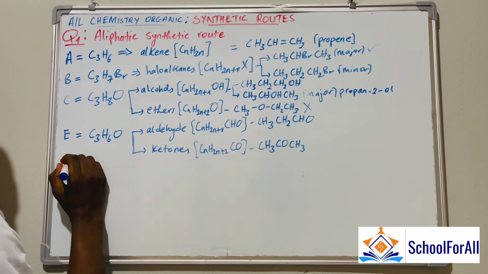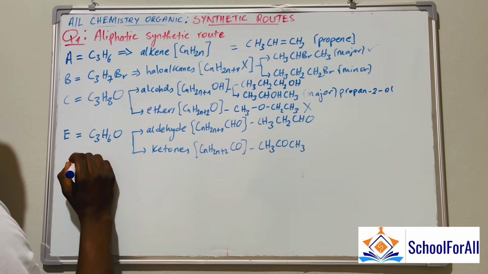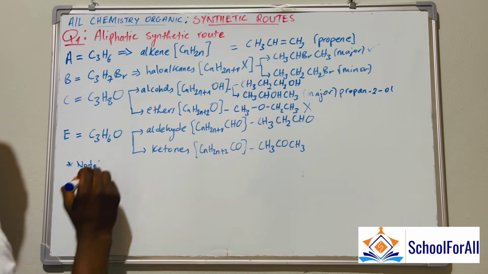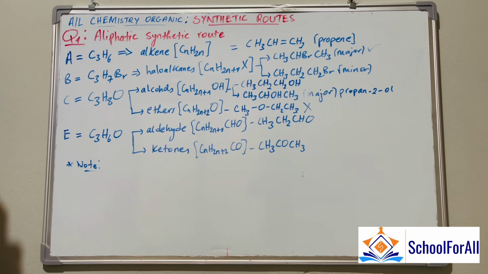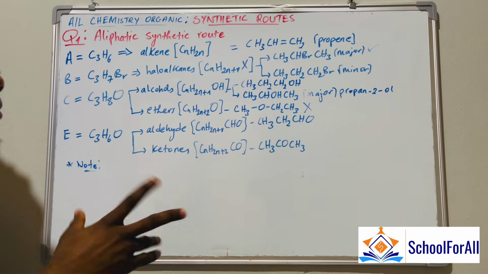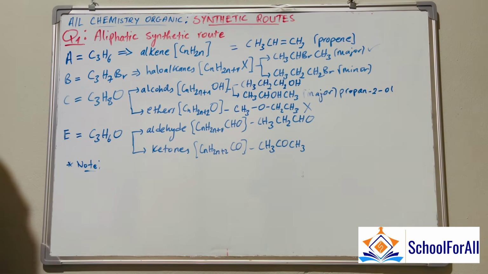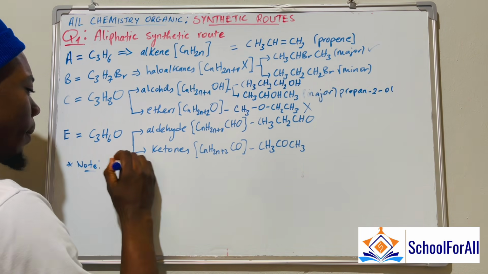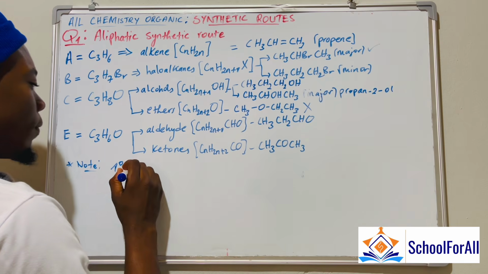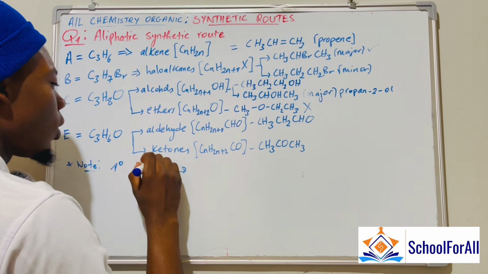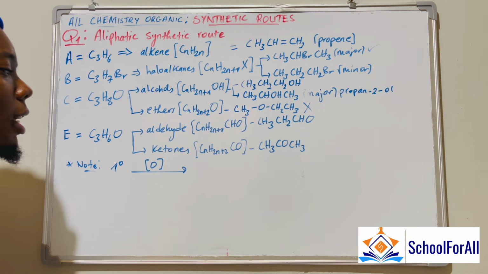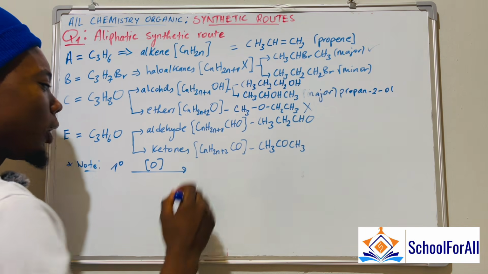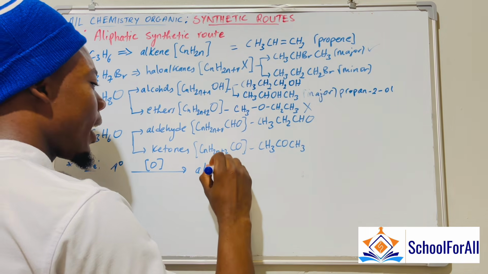So it means that we need to take a note on oxidation of alcohol. I hope you know how to distinguish between primary, secondary, and tertiary alcohol. It is similar to primary, secondary, and tertiary halogenoalkane as we saw in the previous video. If I am having a primary alcohol and I perform an oxidation of the primary alcohol, I will produce an aldehyde.